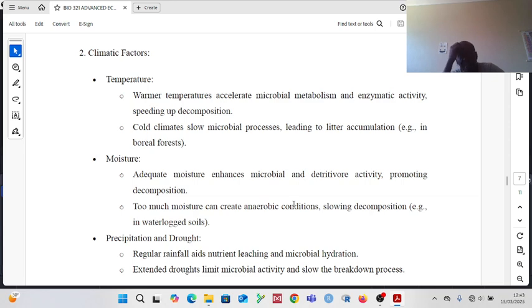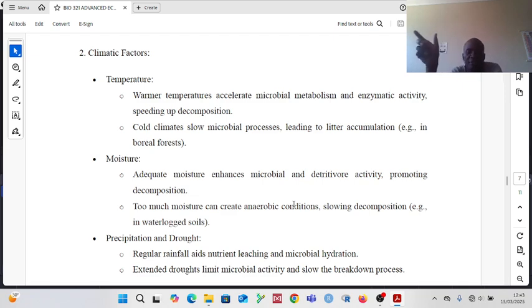If the temperatures are cold, the cold temperatures will lead to slow microbial processes. If the microbial processes are slower, then litter will accumulate within that particular ecosystem. The other climatic factor is moisture. Adequate moisture will enhance microbial and detritivore activity.